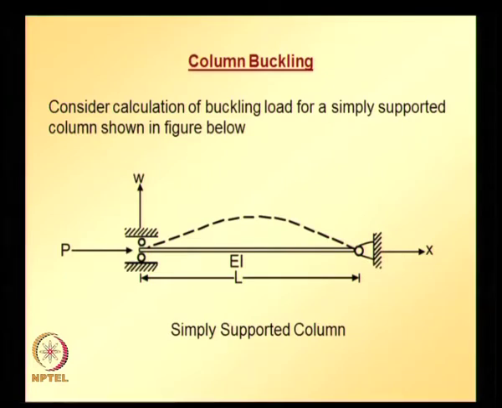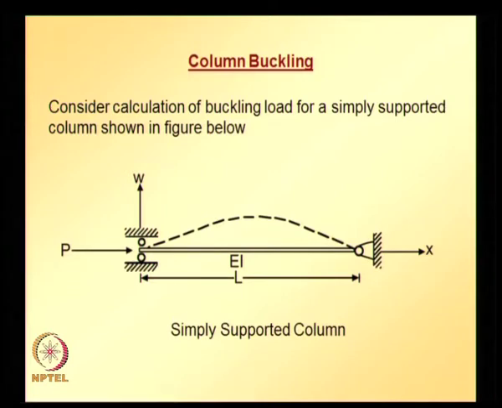Once we decide the discretization, how many elements we want to use, we can get the element equation for each element, assemble the global equations, apply the boundary conditions, and solve the problem.